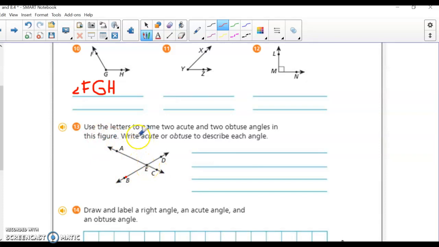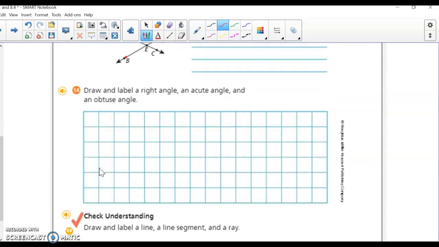And I want you, it says, use the letters to name two acute and two obtuse angles in this figure. Write acute or obtuse next to each angle. So try and find two acute, and which two are obtuse, right? Obtuse is big, acute is small. And then the last part of this is you're going to draw angles down here now. Okay, so think of what you made with your pencils. Draw a right angle.